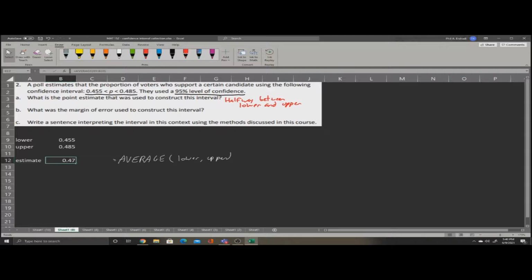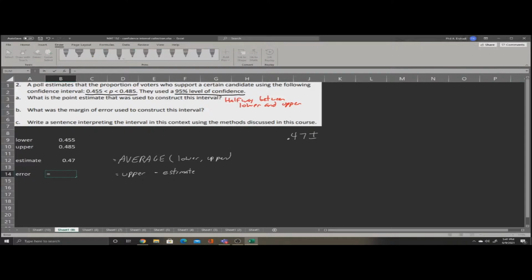So if we were writing the confidence interval the way we were given it in the previous problem, our confidence interval will begin with 0.47 plus or minus the error. Now, let's find the error. To find the error, all we have to do is take the upper value and subtract the estimate.